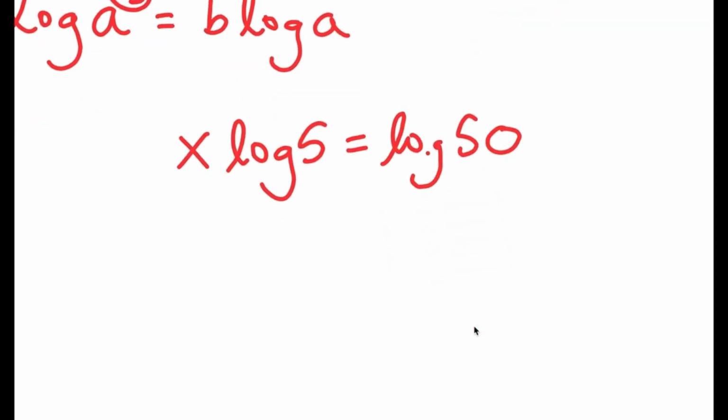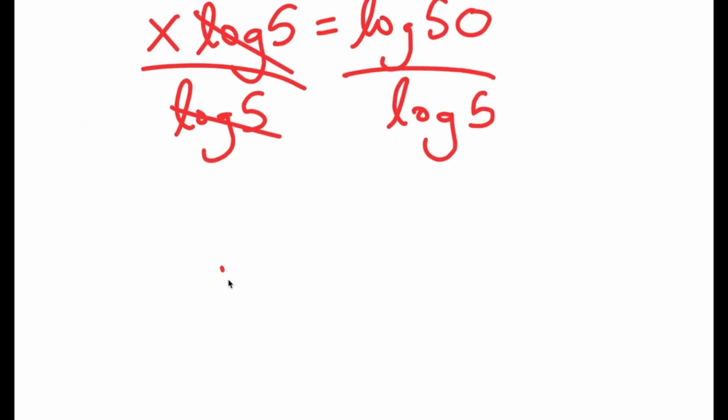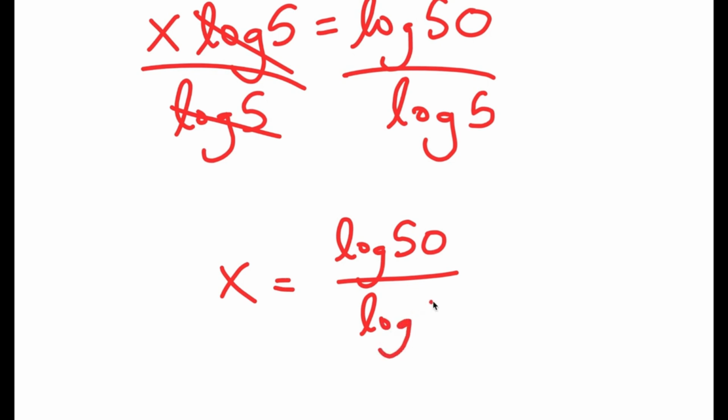And now remember, we want to find the value of x, so all we have to do is get rid of this log 5 by dividing both sides by log 5. So now these two cancel out, and I get x is equal to log 50 over log 5.